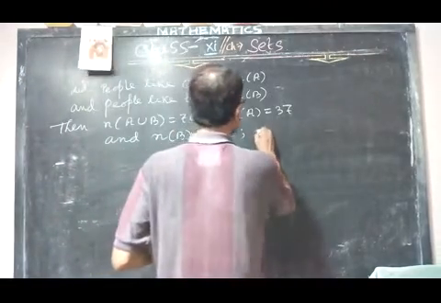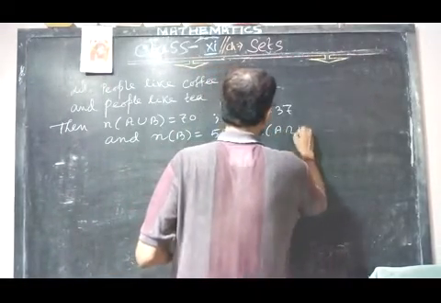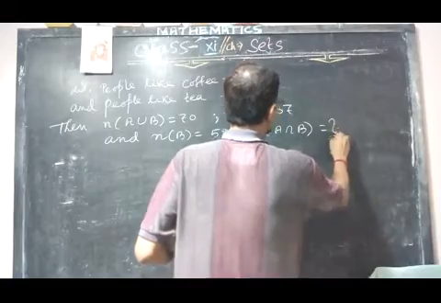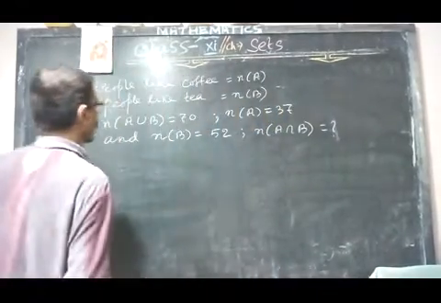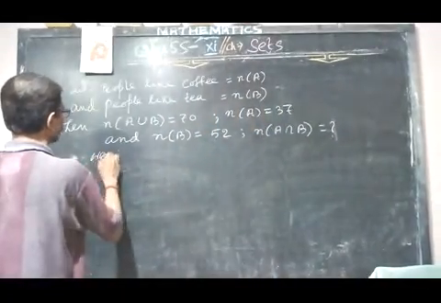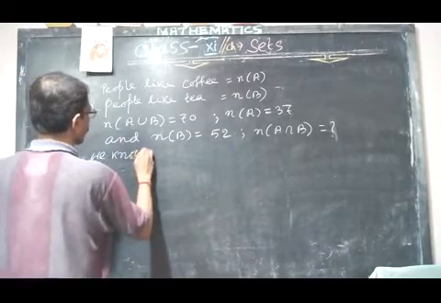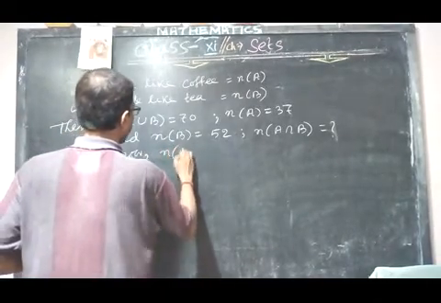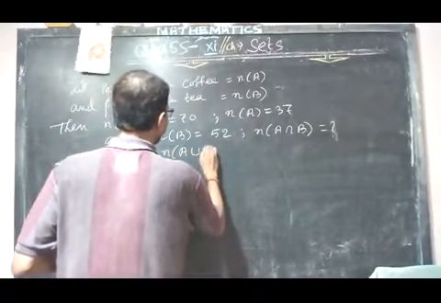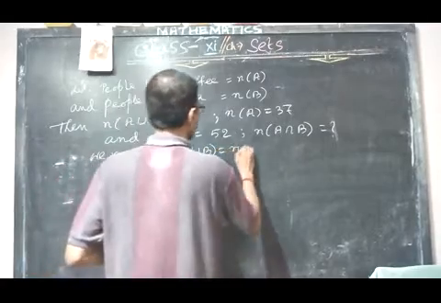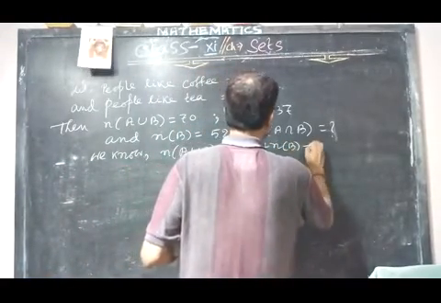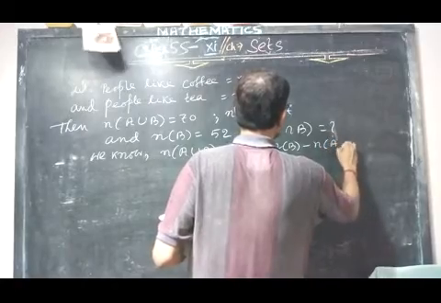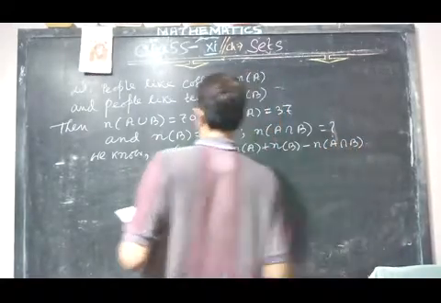So you have to find n(A intersection B). We know n(A union B) equals n(A) plus n(B) minus n(A intersection B).